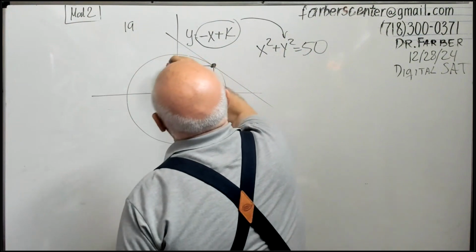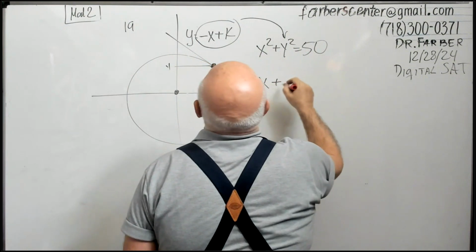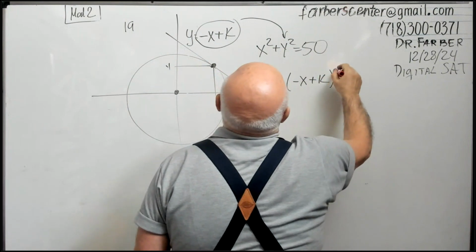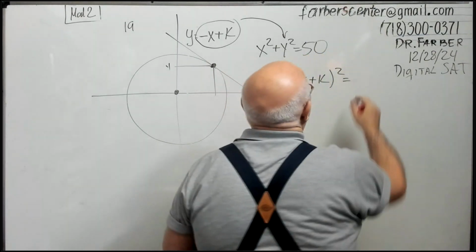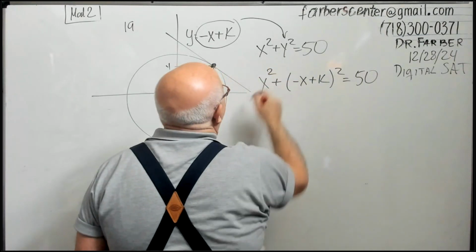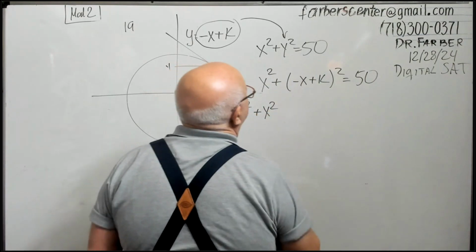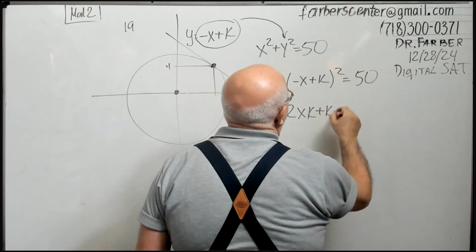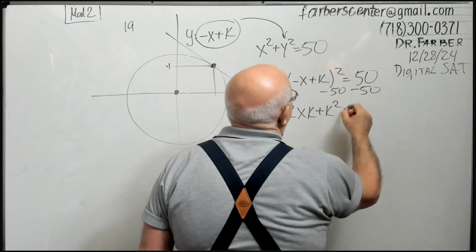And what do they have? x squared plus negative x plus k, to the second, equals 50. So far so good. Or expanded: x squared plus x squared minus 2xk plus k squared, and minus 50 and minus 50. Save time and space.